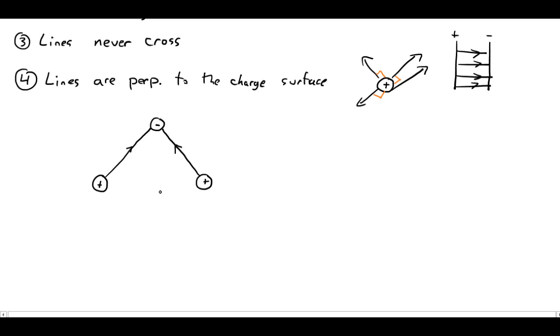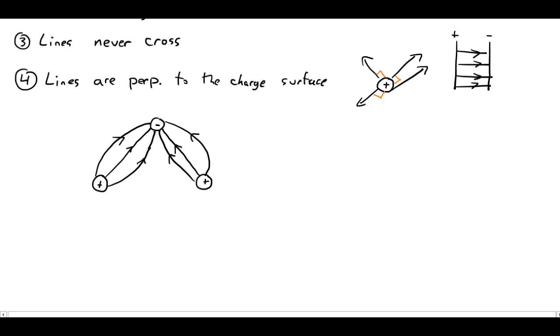But notice we won't have any lines going from the positive to the positive, because they only go positive to negative. And so then I'll go ahead and add a couple more to the sides, like such, trying to make them as perpendicular as possible.